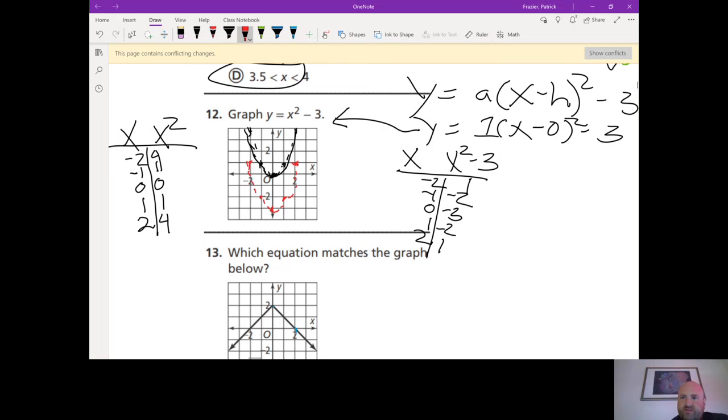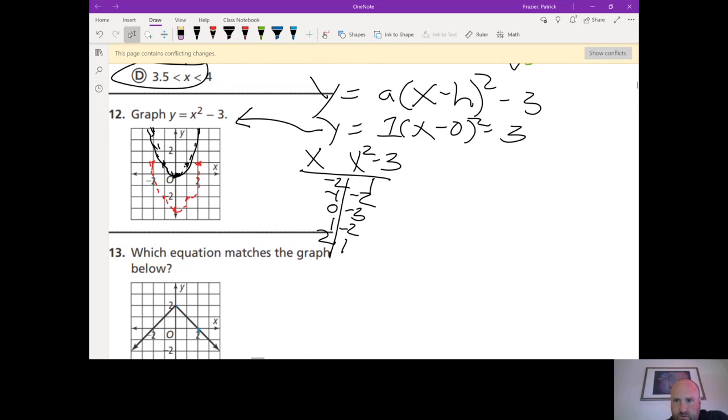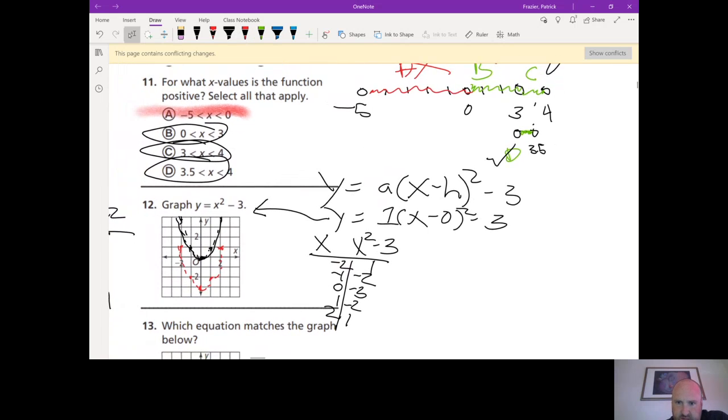And that's what happens in the vertex formula when you go down 3 units. The vertex formula is a times x minus h squared plus or minus k.